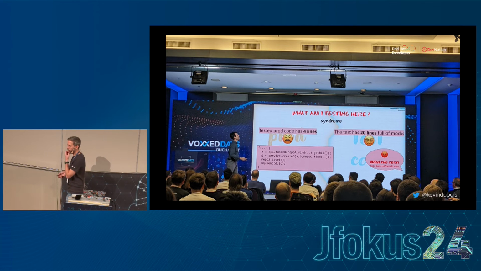So Victor here, I guess it was at Voxxed Days Bucharest, and I thought this was kind of funny. He's also talking about mocking and testing, and he says that sometimes mocking is out of control, right? In this case, the production code has 4 lines of code, and there are 20, 30 lines of mocking just to test those 4 lines.